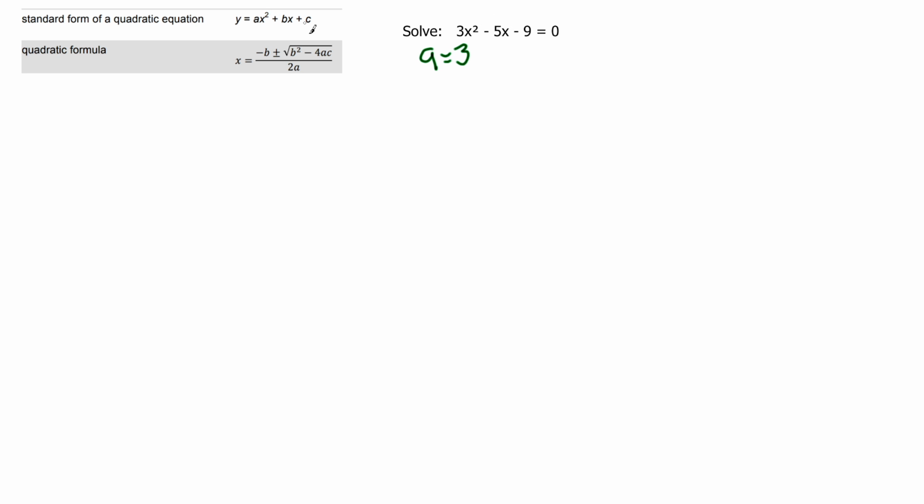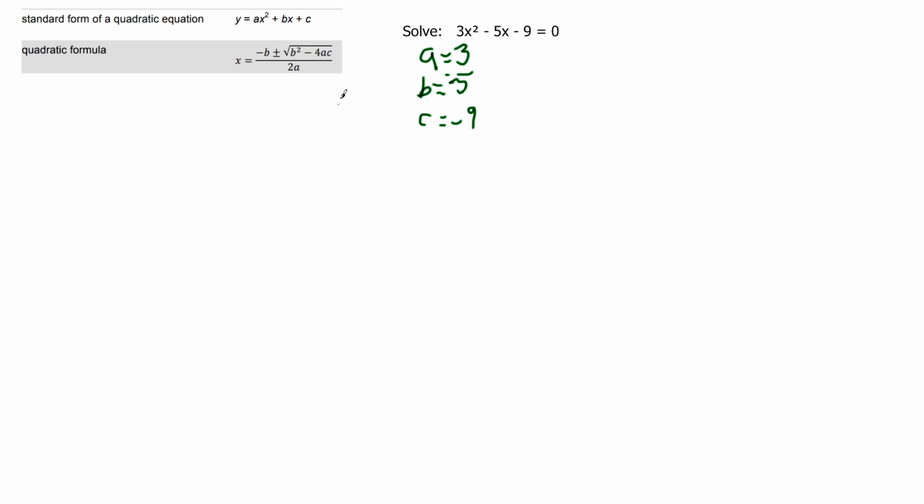Here it's plus bx, so we're dealing with a negative. So b equals negative 5. The last part of the standard form is c, the number that's by itself. It's not next to an x, and the number that's by itself is negative 9. So c equals negative 9.